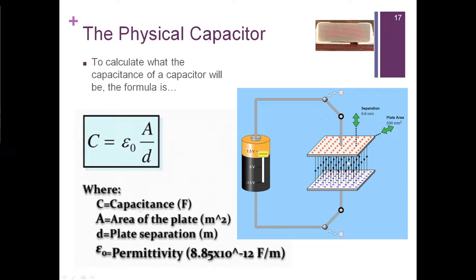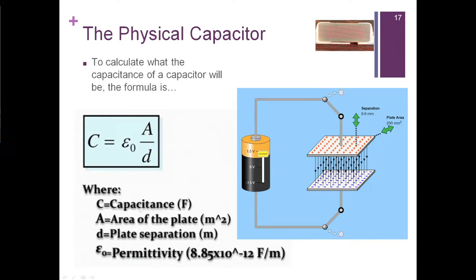I showed this image briefly a minute or two ago. And this picture is kind of a virtual demonstration of the physical capacitor and the factors that can inform it. So here we have the two plates that are separated by some distance. One's positive, one's negative. There's an E field between them that goes from the positive side to the negative side.